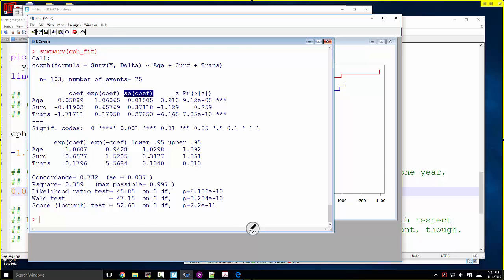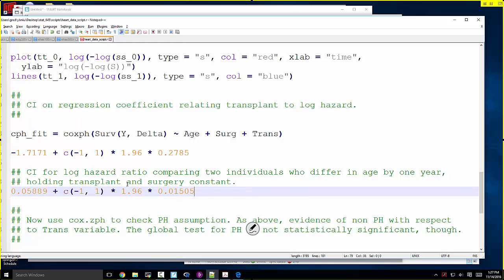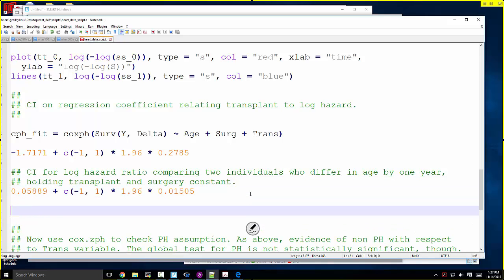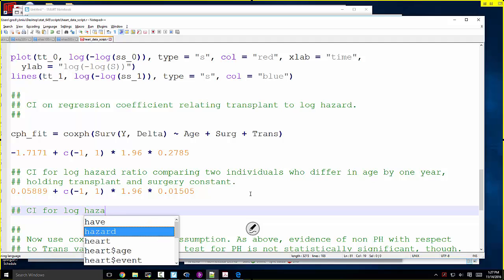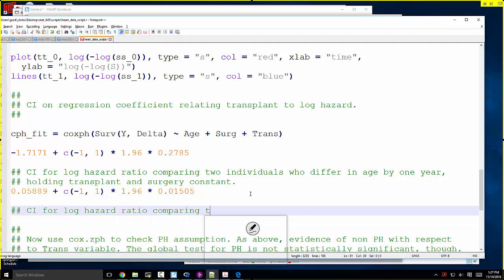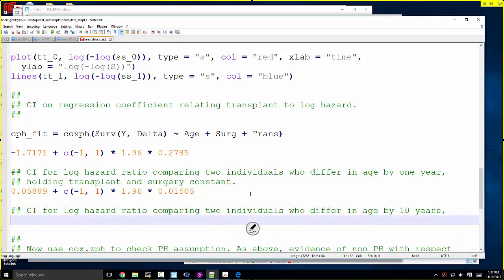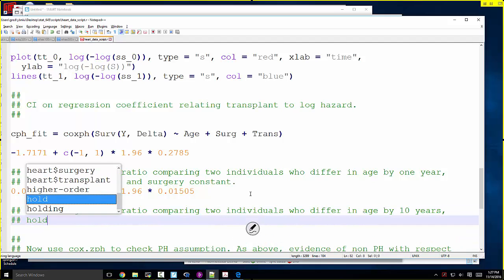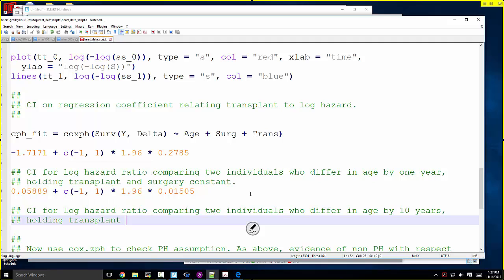So this would be a confidence interval for the log hazard ratio. Suppose we wanted a confidence interval for the log hazard ratio comparing two individuals who differ in age by 10 years, holding transplant and surgery constant.